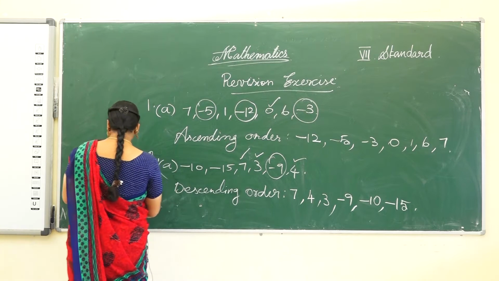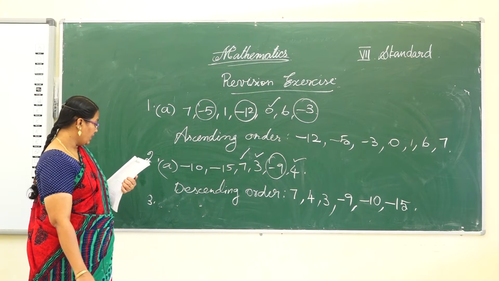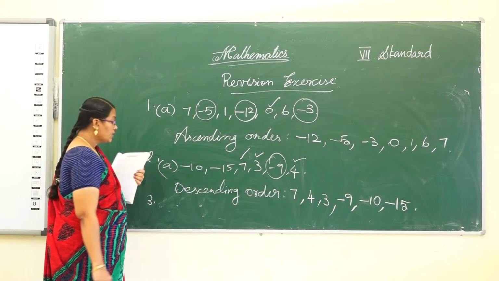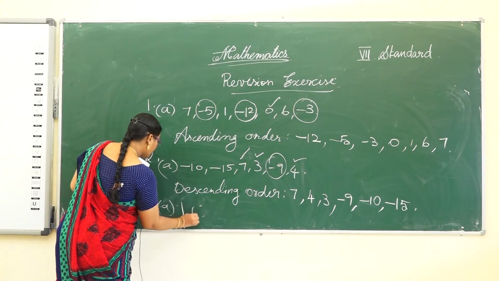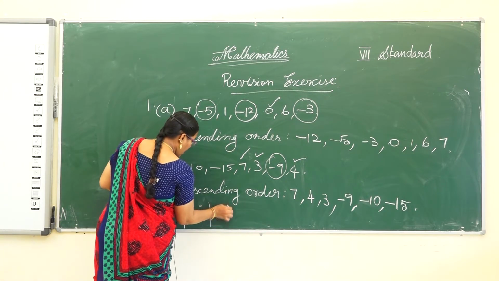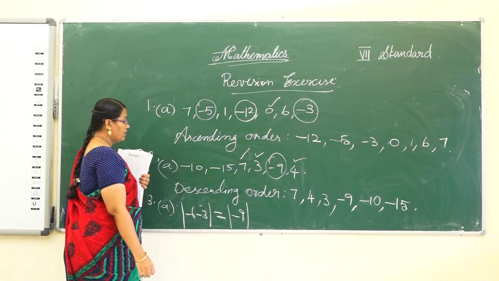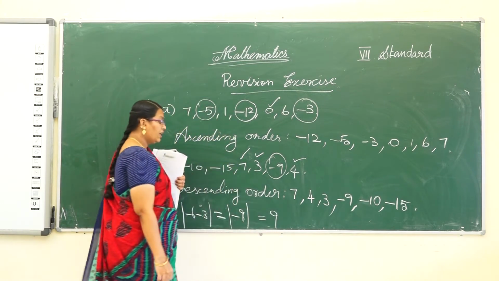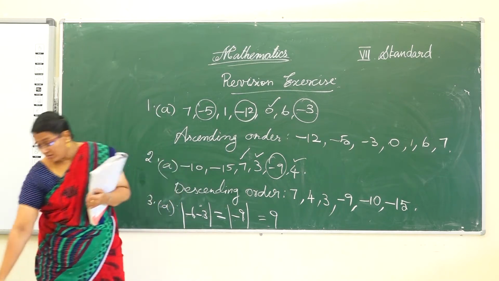And the next one, option B, is homework. And third one, write the absolute value of the following. Already you know the absolute values. So first option A, minus 6, minus 3. Both having the same sign, so add and put the same sign. Minus 9. So modulus of minus 9, we can write the positive value 9.